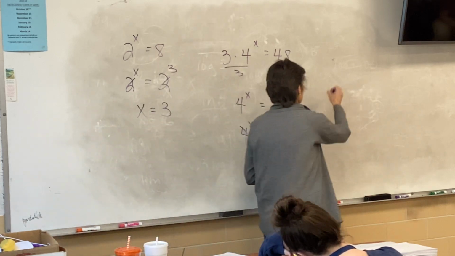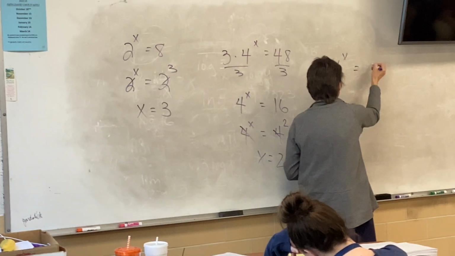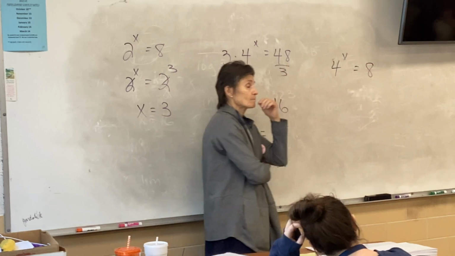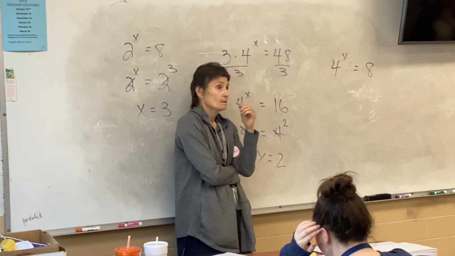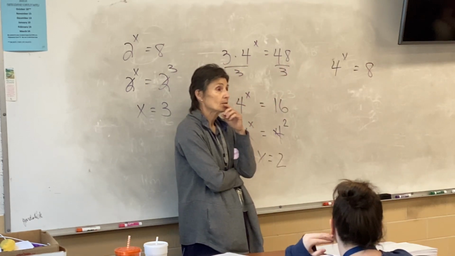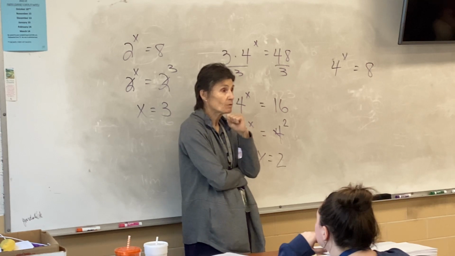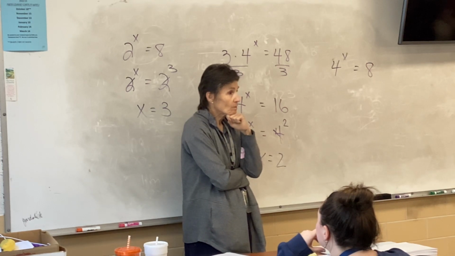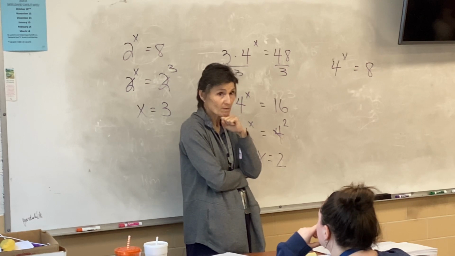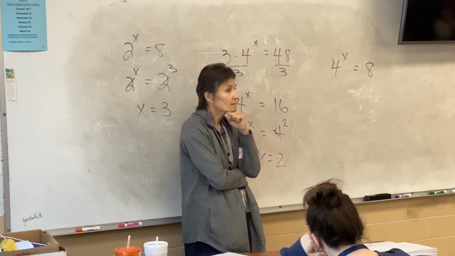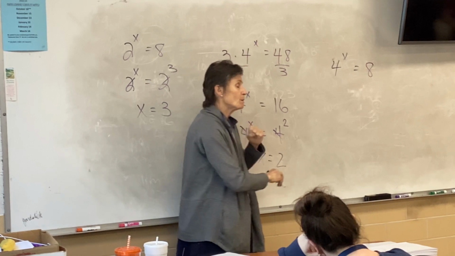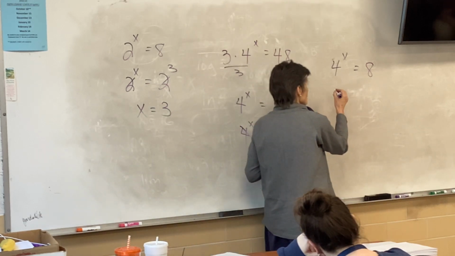4 to the x equals 8. Now this is a tougher one, kids. You got to change them both this time. What's 4? 2 squared. What's 8? 2 cubed. So we change them both into 2's.